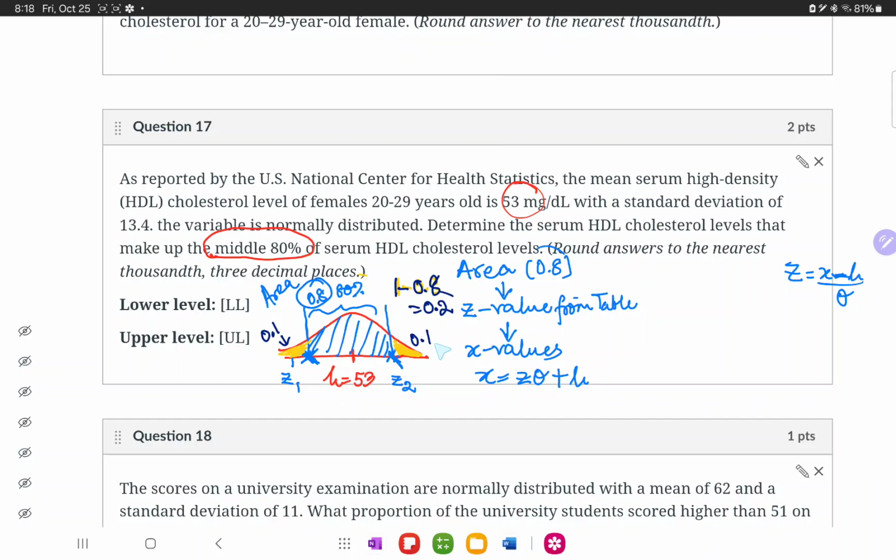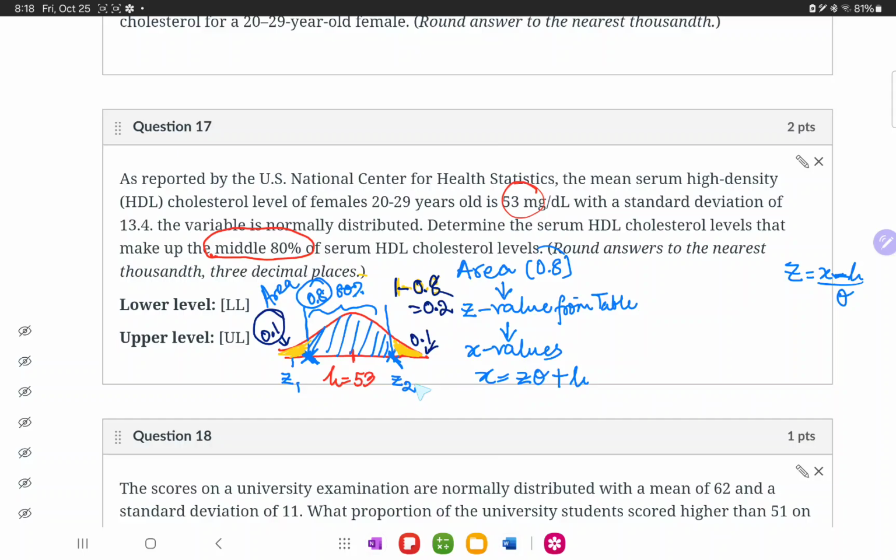So each side has area 0.1. So you have to find the z value whose area to the left is 0.1.